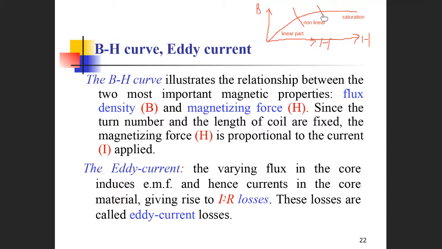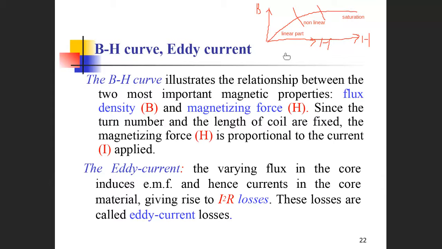Sometimes we use the linear part, sometimes we use the nonlinear characteristics, sometimes we use the saturation characteristics. So the linear, nonlinear, and saturation characteristics of the BH curve for a given core material are all useful, depending on the usage.